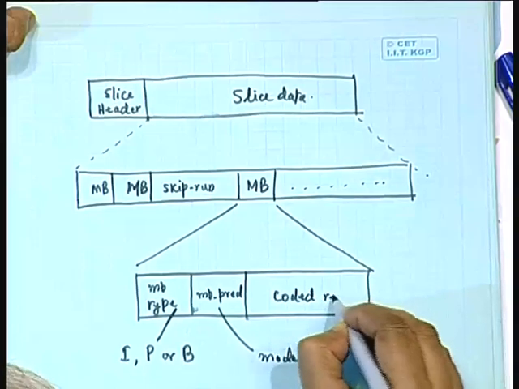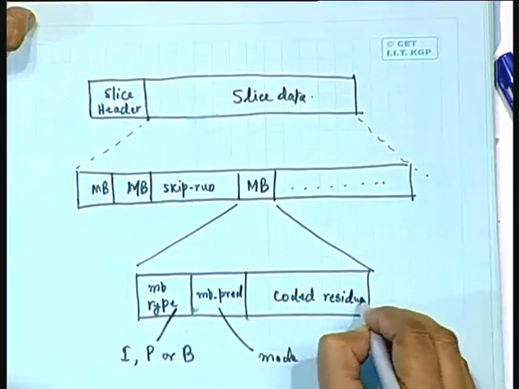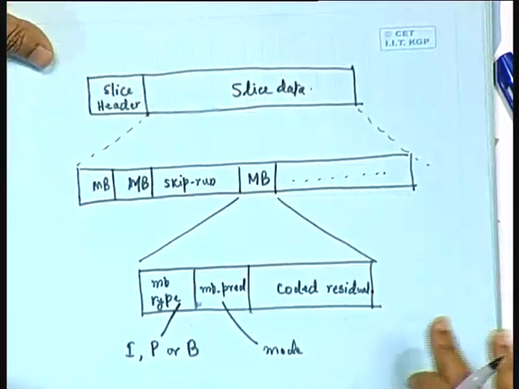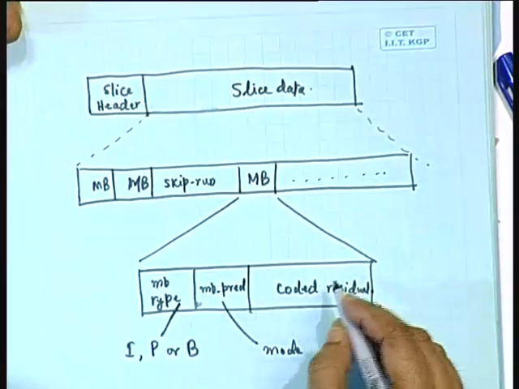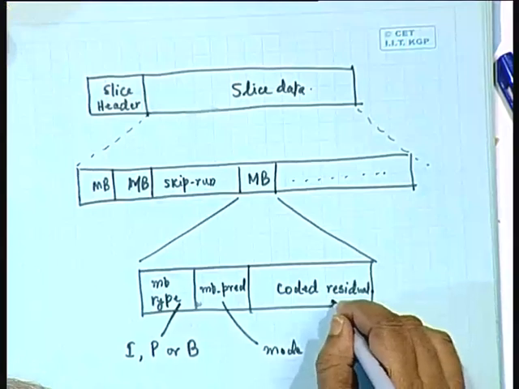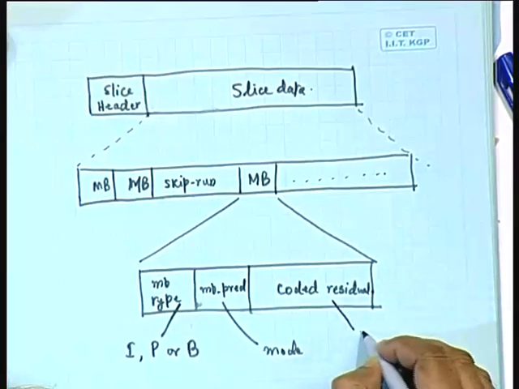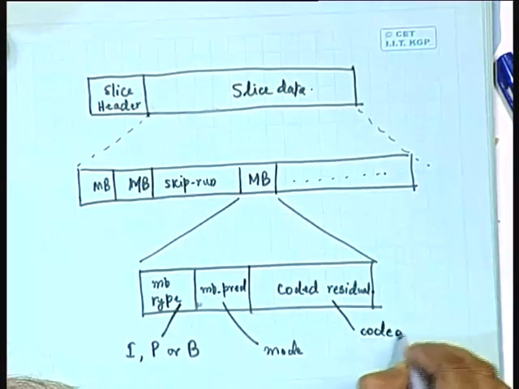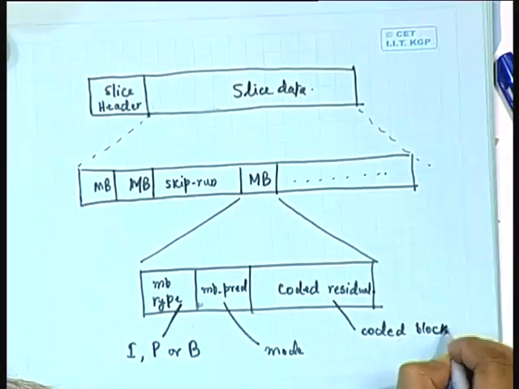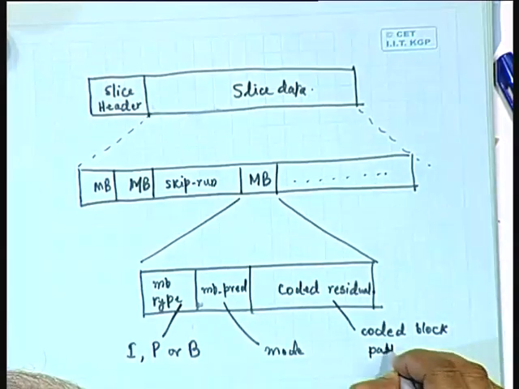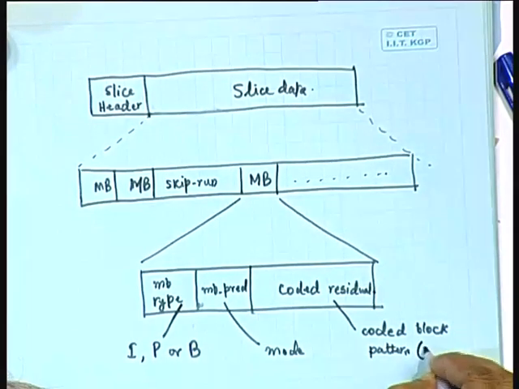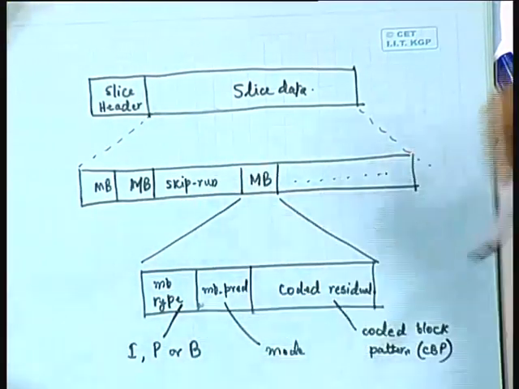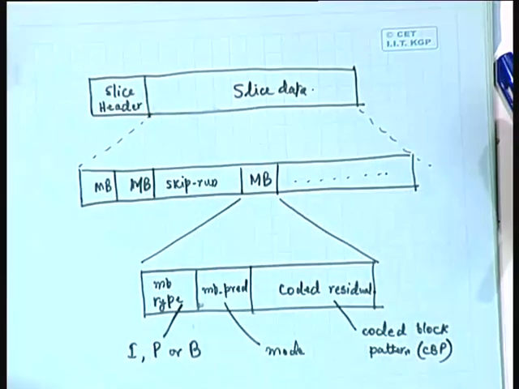So, this is the coded residual, and in fact it consists of the coded coefficients, and the coded coefficients are represented in the form of what is called the coded block pattern, or in short form it is referred to as the CBP.